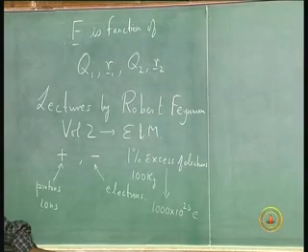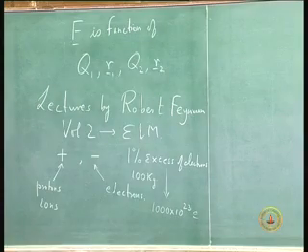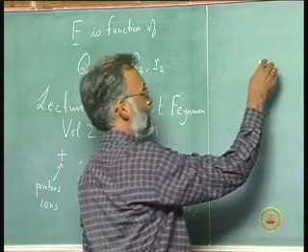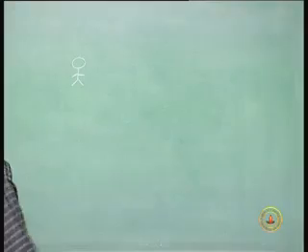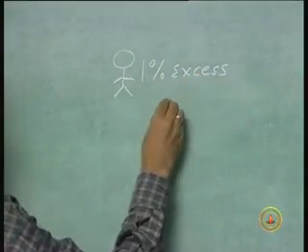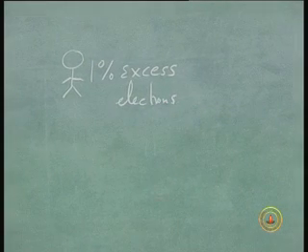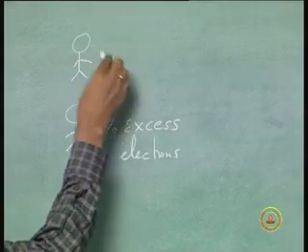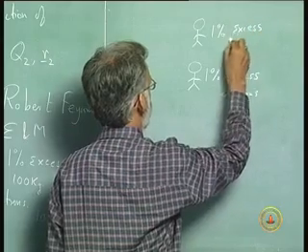All right. Now, what does that give us in terms of a force? Supposing you had a human being with 1% excess electrons, and this human being is standing below another human being who is also a 1% excess electrons.